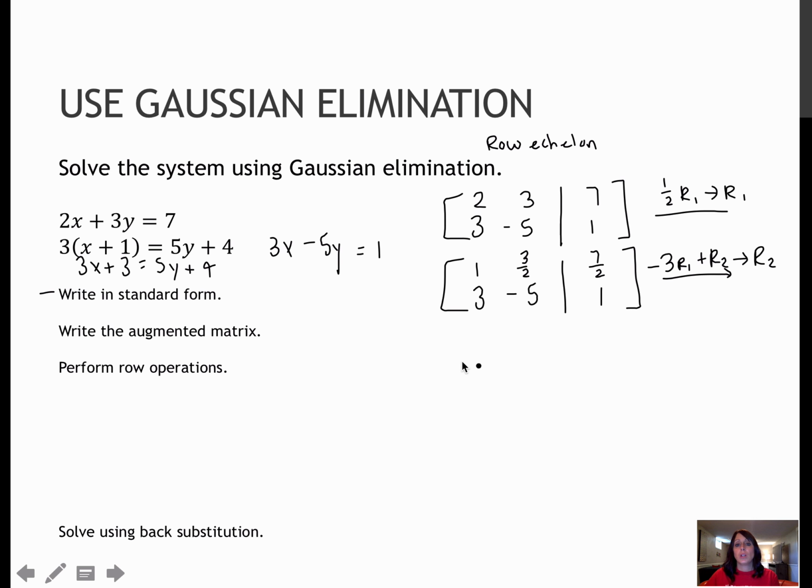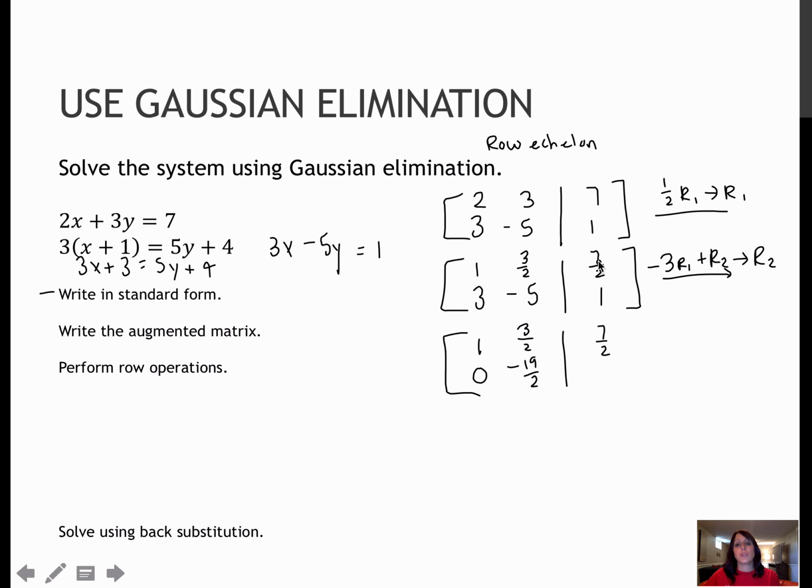Again, row 1 will remain the same. My row 2 is now negative 3 times row 1 plus row 2. So negative 3 times 1 is negative 3, plus 3 is 0. That's what I wanted. Negative 3 times 3 halves is negative 9 halves, plus negative 5, which would be negative 10 halves, so negative 19 halves.